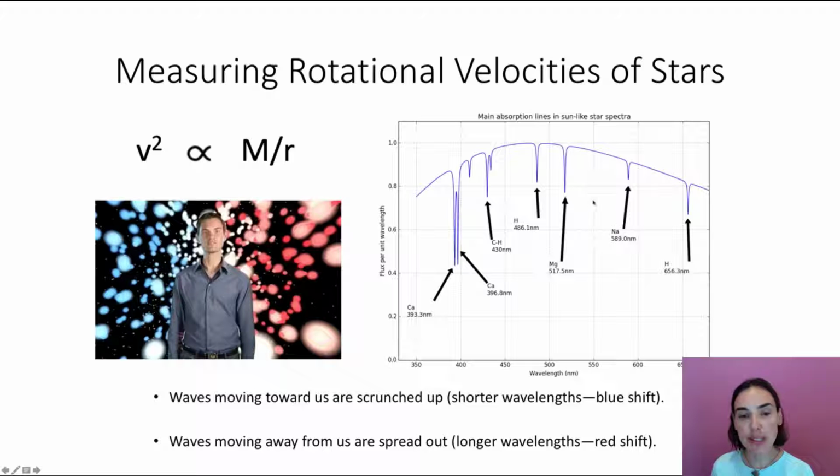The positions of these bites shift to lower wavelength or higher frequency if the star is moving toward us, and shift to higher wavelength, lower frequency if the star is moving away from us. This happens for the exact same reason that the frequency of Io's eclipses seems to change depending on whether Jupiter is moving toward or away from us when we measure them.